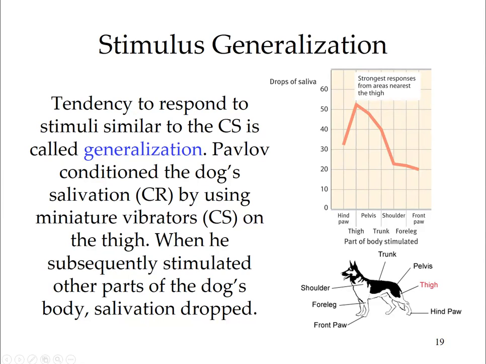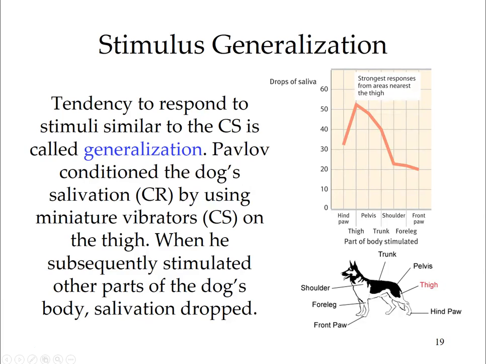Now, we're going to talk about stimulus generalization, and the survival value of generalization and discrimination. Generalization has a survival value because it extends the learned response to other stimuli in a given category, for example, fleeing from all dangerous animals.